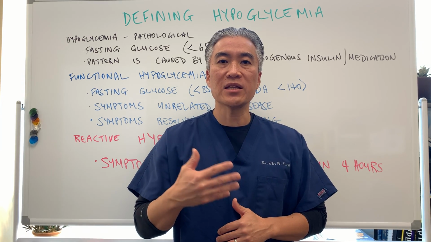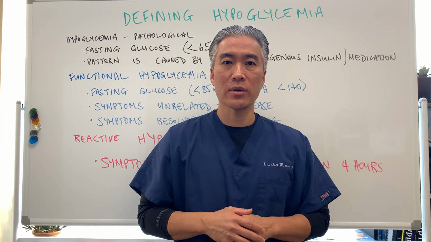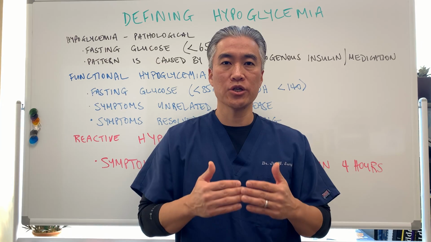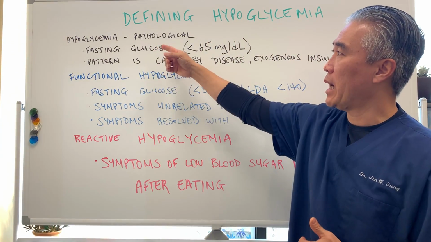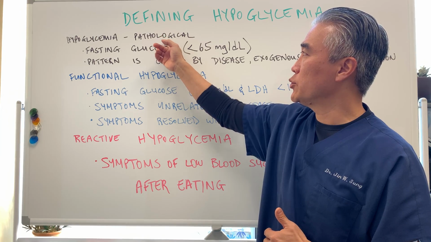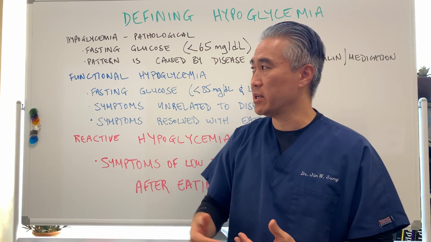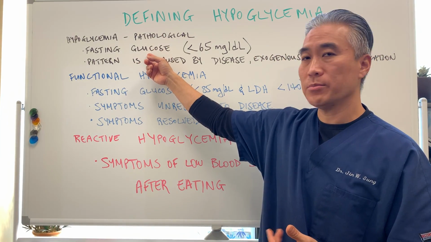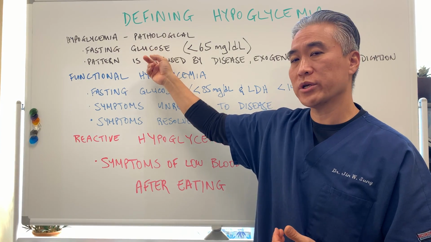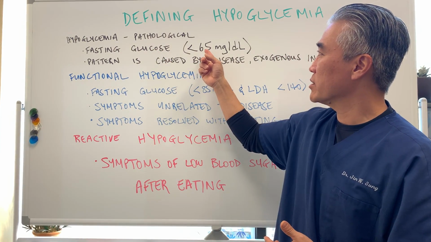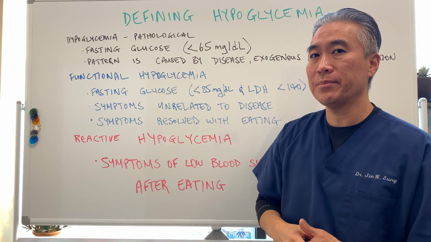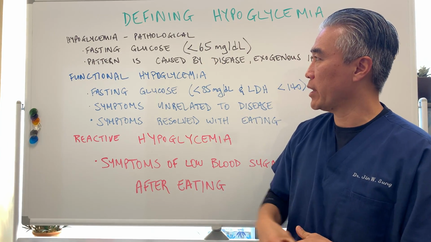We're going to go over 3 different patterns of hypoglycemia, or low blood sugar, okay? So defining it, hypoglycemia, when due to a pathological process, fasting blood sugar, right, first morning sugar with fasting between 10 and 12 hours, the first morning sugar will be below 65, okay?